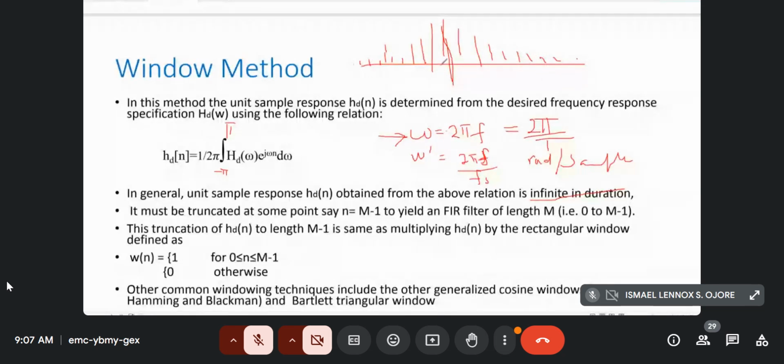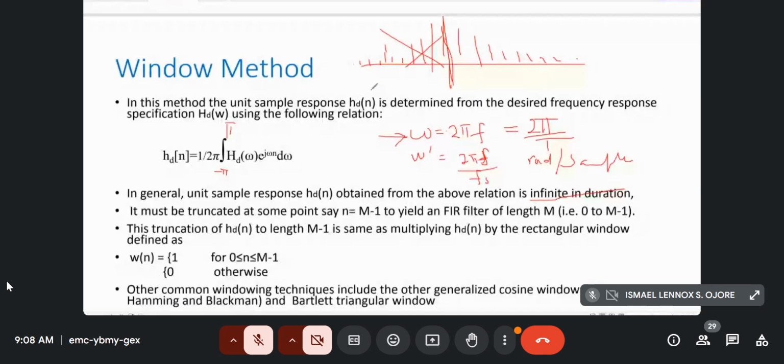First of all, you have to chop it, remove this side and make it causal. But now there's a problem, because you want it to be symmetrical so that it gives you a linear phase response.